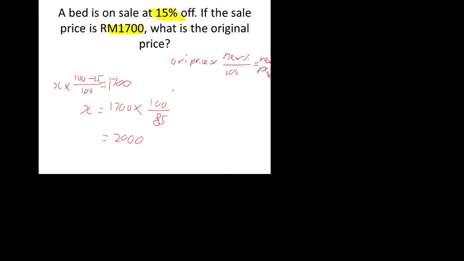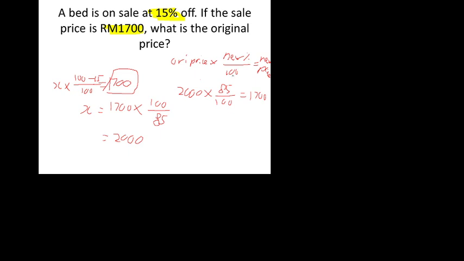So if we have 2000 times, what's the new percentage? The new percentage refers to after the discount or after the tax. In this case, after discount means 100 minus 15, I get 85 over 100, and I get my new price, which we already know is 1700.